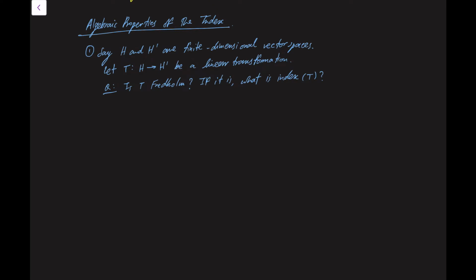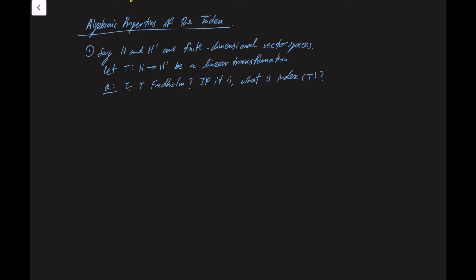In this case, the index of T is easy to find. We know that T is Fredholm because the domain and the range of T are finite dimensional. This means the kernel has to be finite dimensional and the co-kernel has to be finite dimensional. So T is Fredholm.